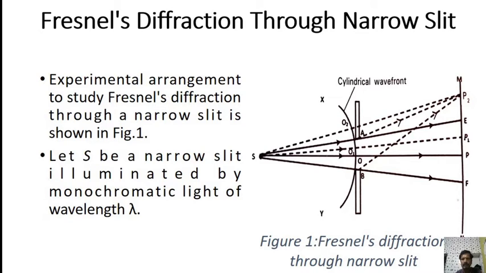And now look at this screen. In this diagram, at the screen MN, this P is the center of the screen, point P1, point P2, and E and F. All these things you have to keep in your memory in order to understand the discussion.